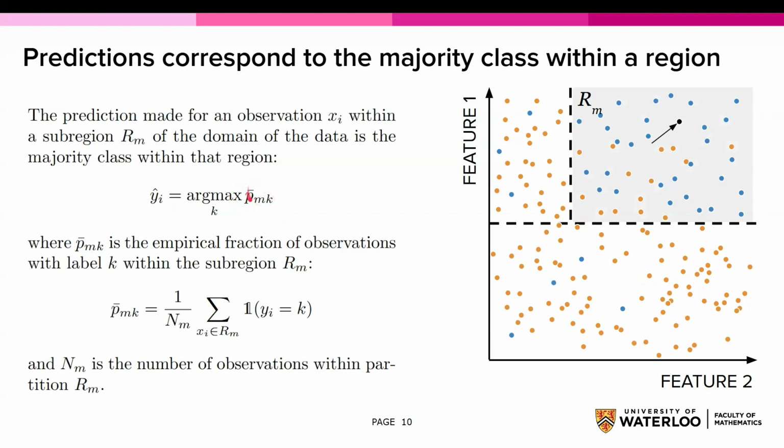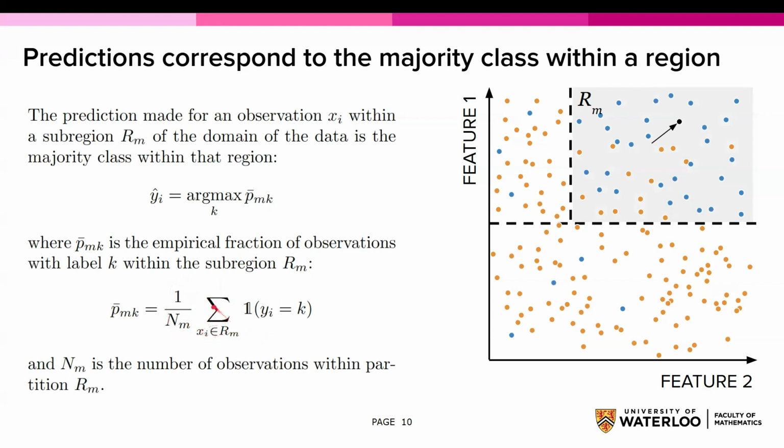We compute the empirical fraction for each class k, and then y_i is assigned to the k that maximizes the empirical fraction. The empirical fraction in turn is the number of data points in the region R_m that have class k, divided by the total number of observations in that region.